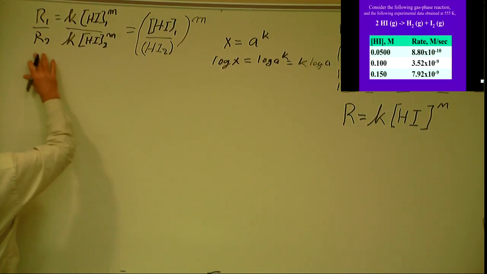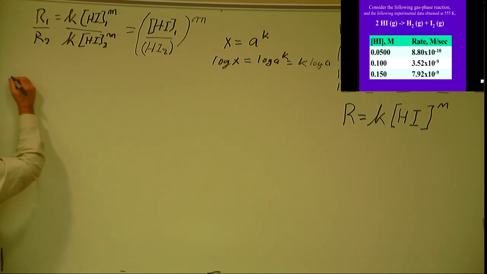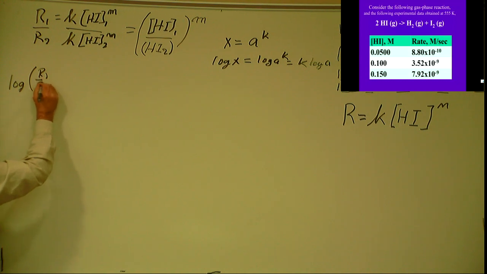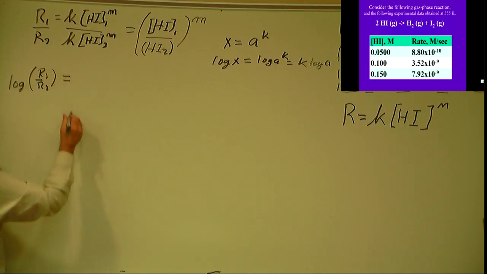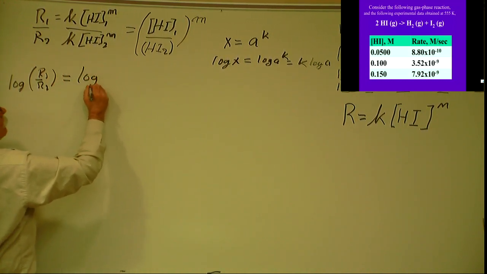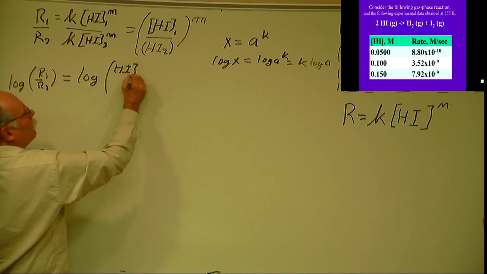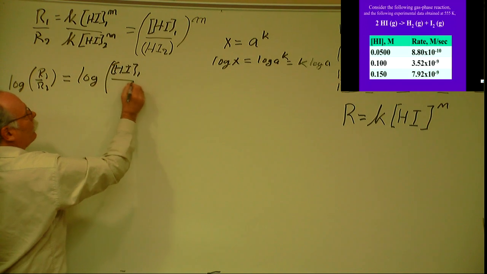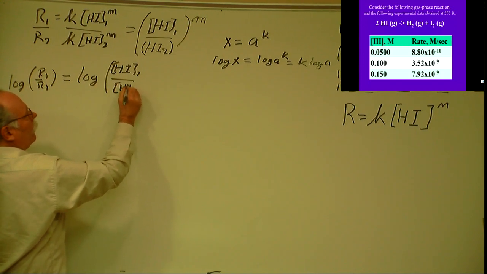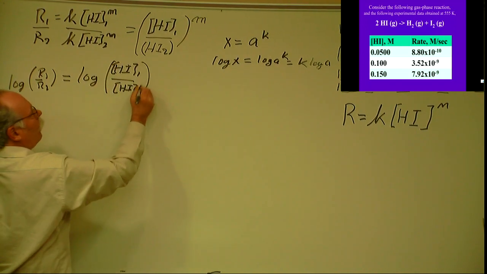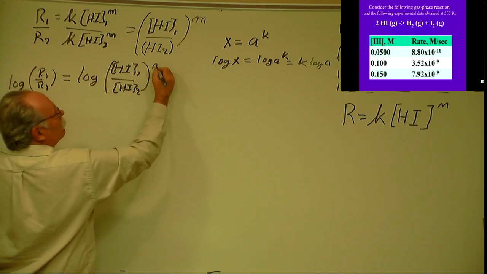So I'm going to take the log of both sides, so I have the log of R1 over R2 is equal to the log of HI1 over HI2 all to the power of M.